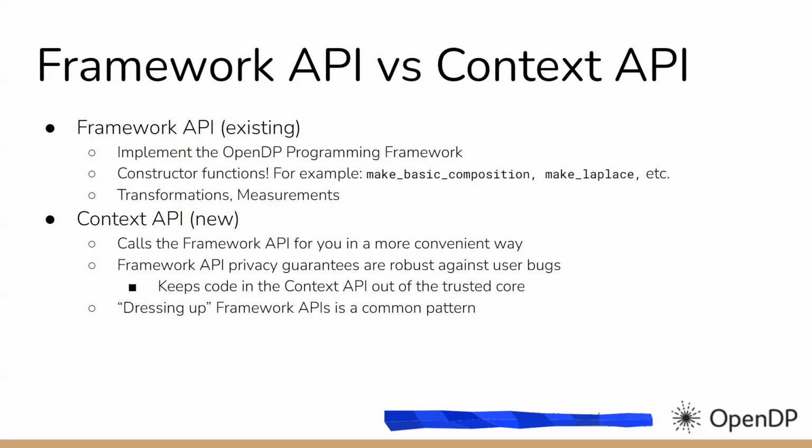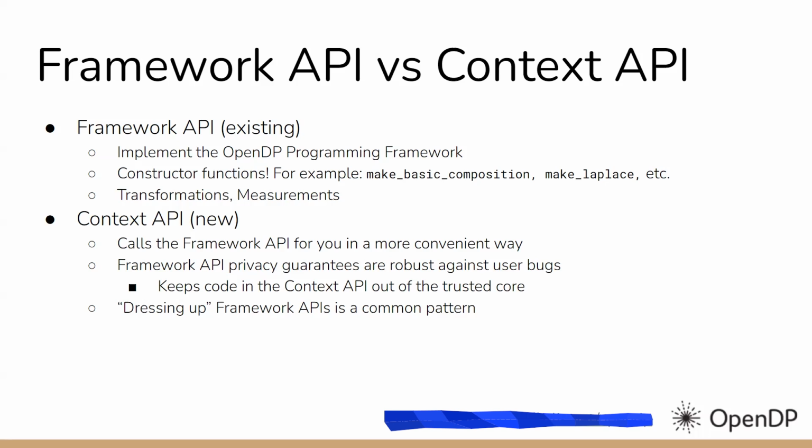It's constituted of a whole bunch of constructor functions, like make basic composition, make Laplace. These functions return transformations, they return measurements. All that functionality is still available, and it's how we implement new functionality as we go forward. The context API is a new one, and it's just calling the framework API for you in a more convenient way.